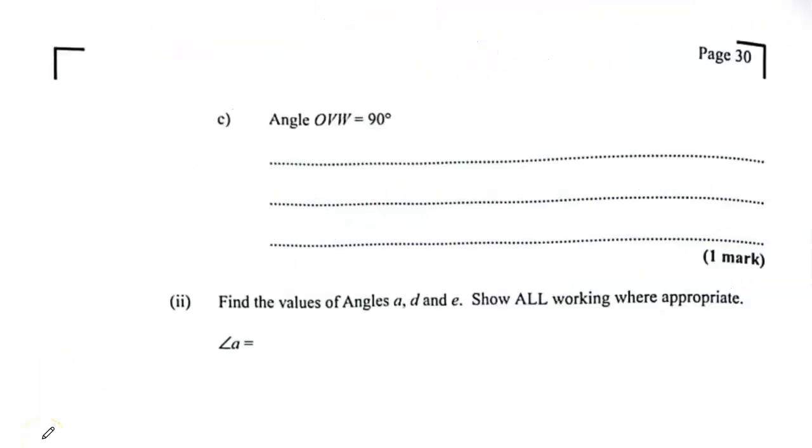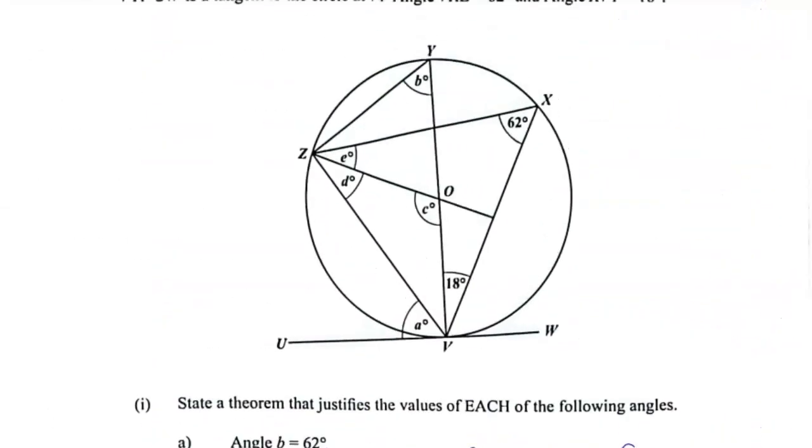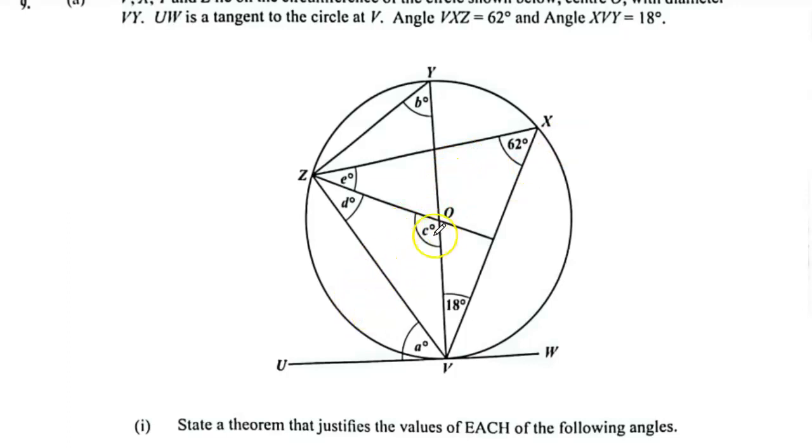Next, we're asked to explain why angle OV is 90. Angle OV, let's look at the shape again. Here's OV. Notice OV is the radius, since O is at the center there, and V is a part of the tangent. The angle between tangent and the radius is a right angle.